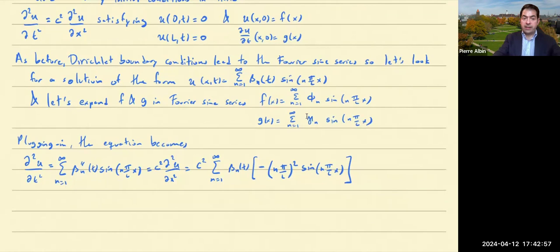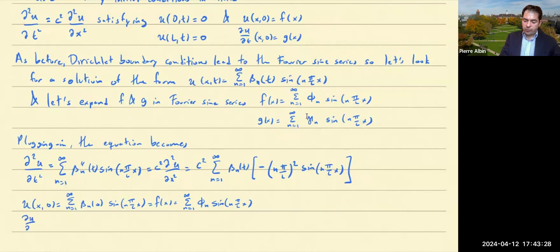Then we don't have to worry about the boundary conditions, but we do need to think about the initial conditions. So u of x,0 is the sum n goes from 1 to infinity of beta n of 0 sine n pi over L x. And we want that to be equal to f of x, which is the sum n goes from 1 to infinity of phi n sine of n pi over L x.